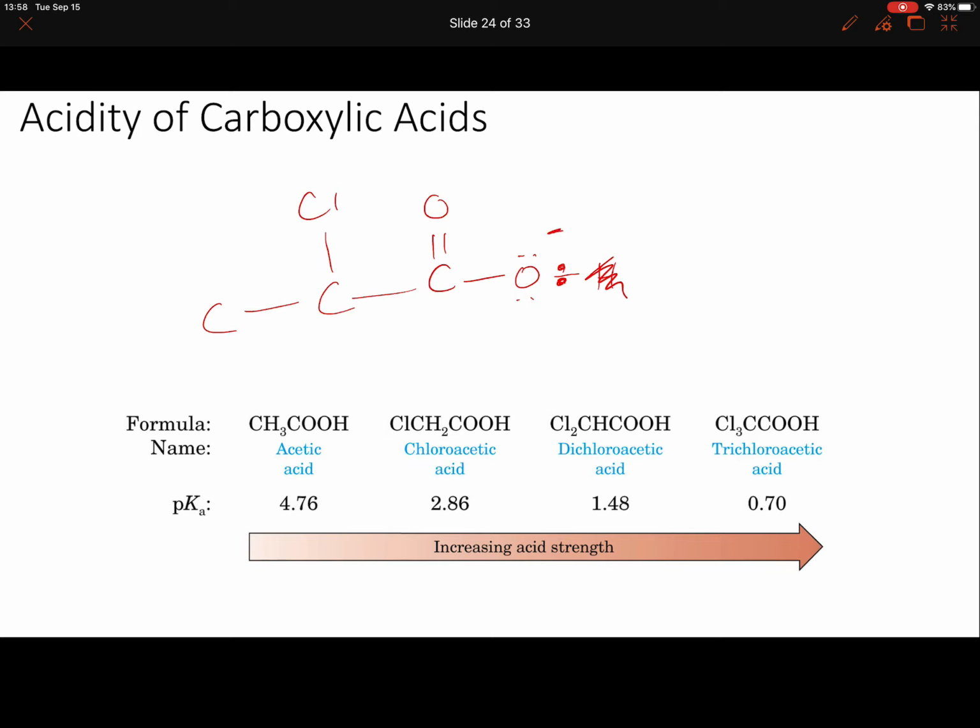If this has the ability to move those electrons around, what makes a good acid is how comfortable you are after you've lost your H.